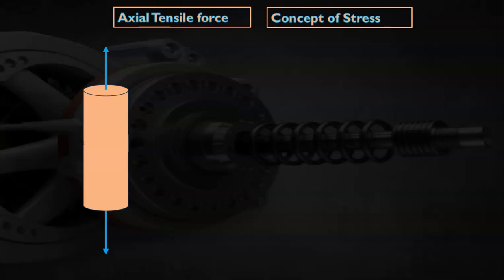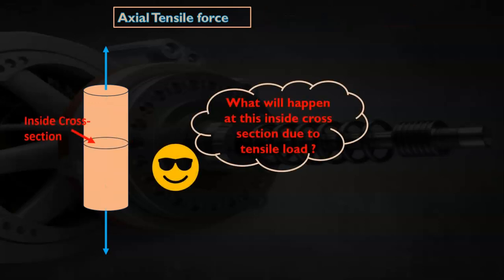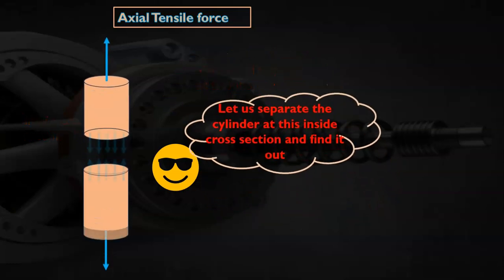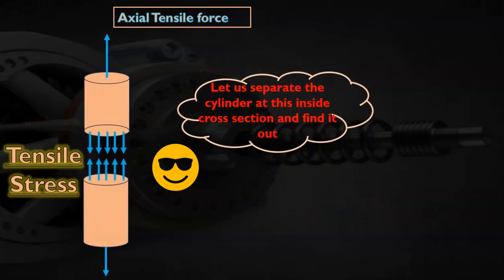To understand the concept of stress, let's take an inside cross section and ask what will happen at this inside cross section due to tensile load. Let us separate the cylinder at this inside cross section and find out. What we obtain is tensile stress when we separate the cylinder at the cross section.